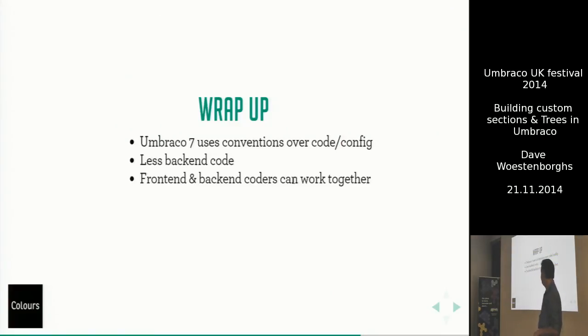The main advantage is we have some front-end developers who are very good at Angular, much better than me. So when we made a custom section for a customer, I did all the backend code and handed it to the front-ender, and he just started. Now a front-ender can also extend the Umbraco backend, which wasn't possible before.